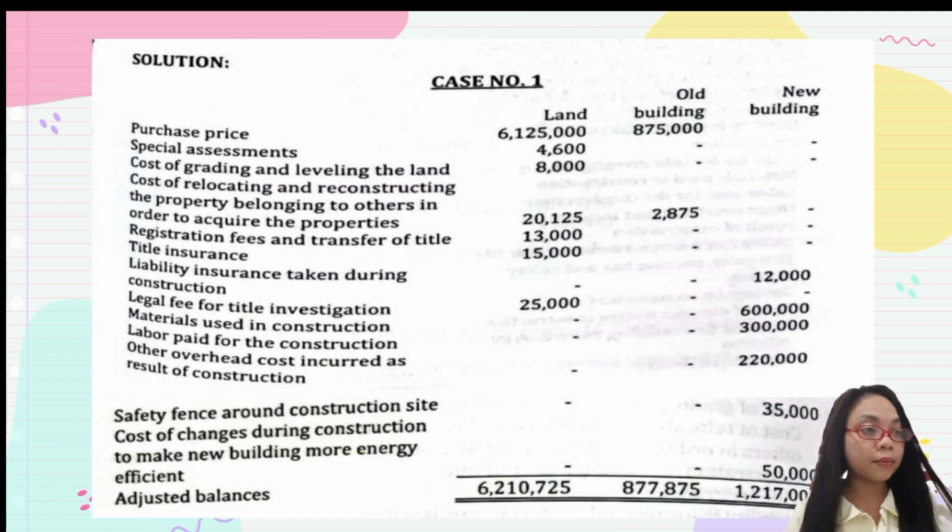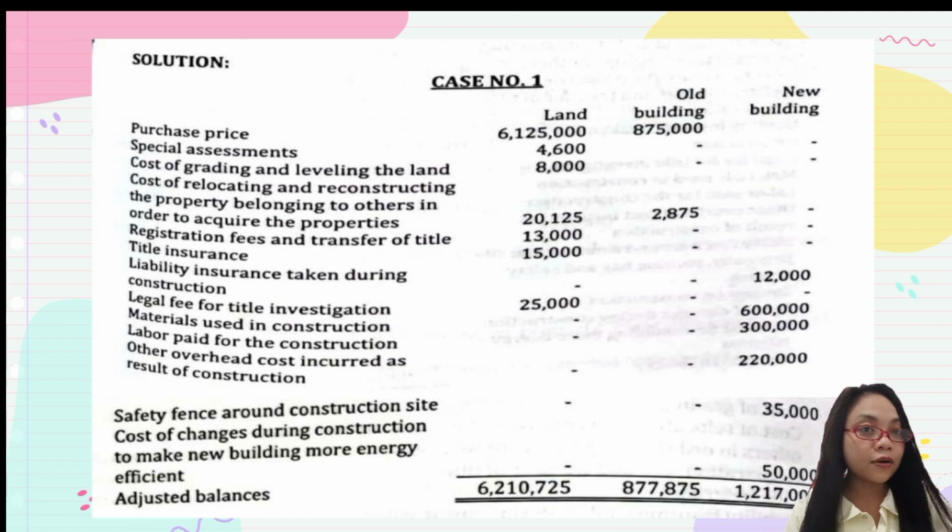The total amount of our acquisition of the property, land and building, is 7 million, paying 6 million pesos and a mortgage of 1 million pesos. So, when we allocate the purchase price, it is again based on the fair value of the property. For the land, for case number 1, the fair value of the land is 3,500,000, and for the old building is 500,000.